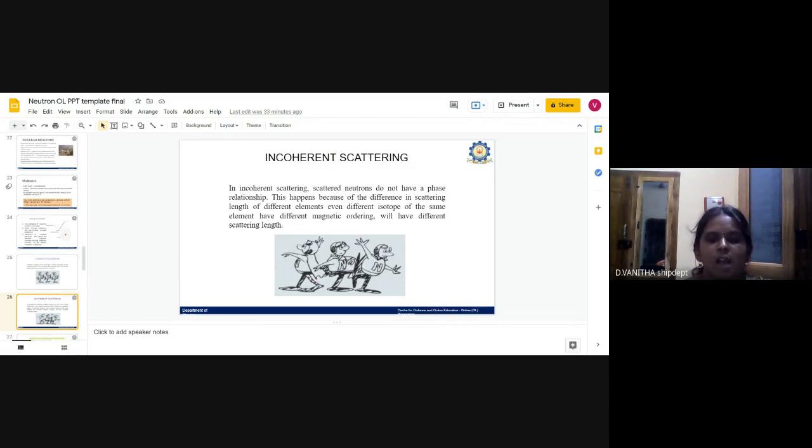This happens because of the difference in scattering length of different elements, and even of different isotopes of the same element. Different isotopes of the same element have different magnetic ordering, and this leads to different scattering lengths.